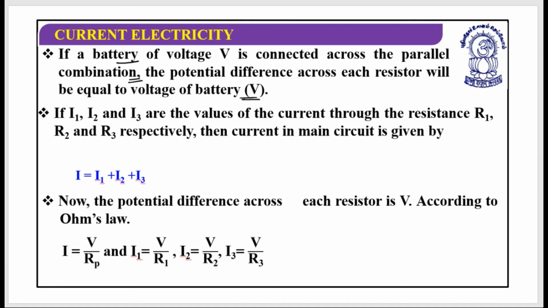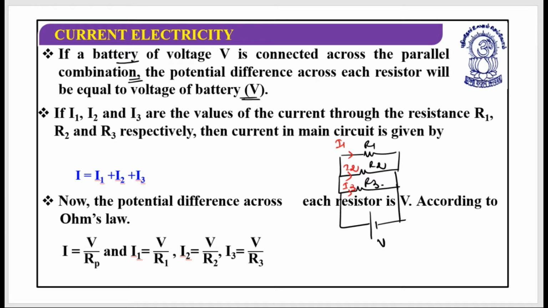The situation was something like this: it was R1, this was the resistance R2, and this is the resistance R3, connected like this with a supply voltage of V, and current I1 was passing through this, I2 through this, and I3 through this.